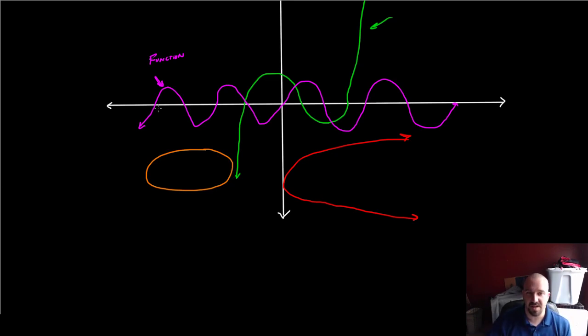It's hard to explain that with the sine function here, just because it's hard to say that this squiggly mark goes on forever in that direction. Okay, so this is also a function. The vertical line test does not violate the definition of function, therefore we can call it a function.